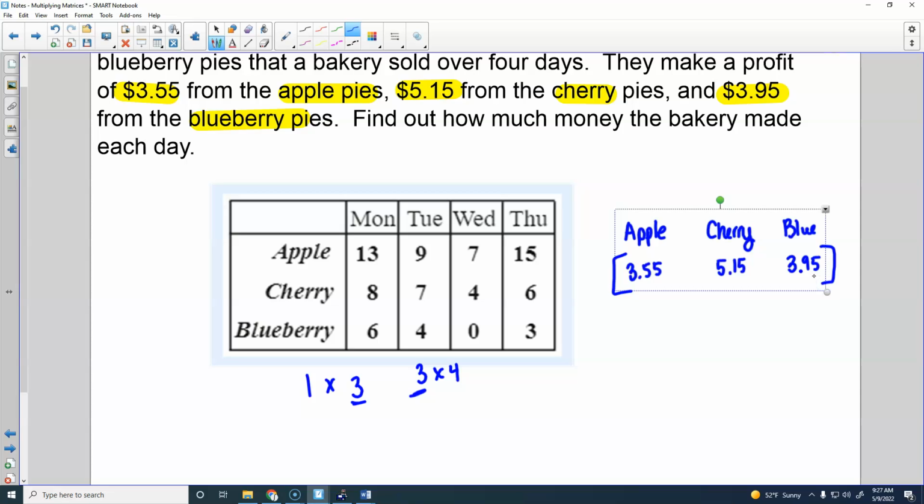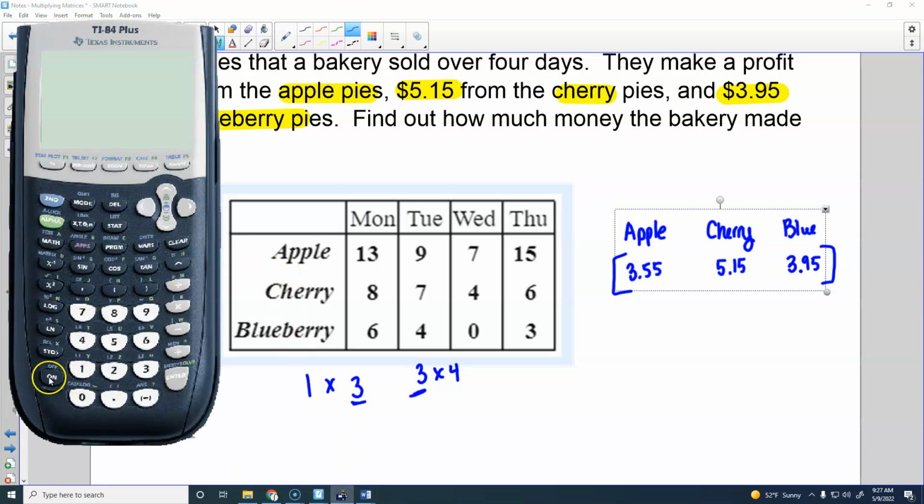Now, this is starting to get to be quite a bit to do by hand. And I am going to make you do a few by hand, but we are also going to use our calculator some. So, if you don't have it, you're going to need it. Your phone will not do this.